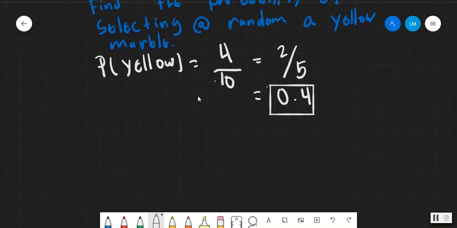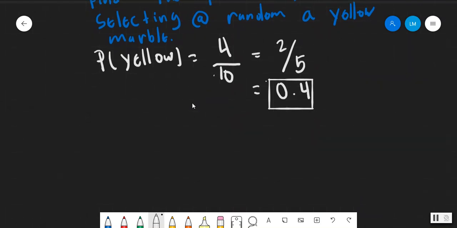Now, the other thing that we just need to add in to this introduction to probability is that whenever you're talking about the probability of an event, you must have that the probability of any event is greater than or equal to 0 and less than or equal to 1.